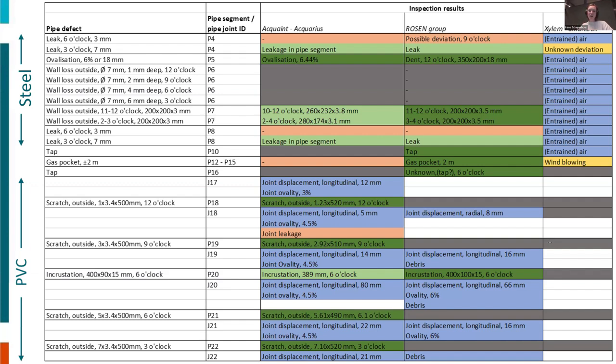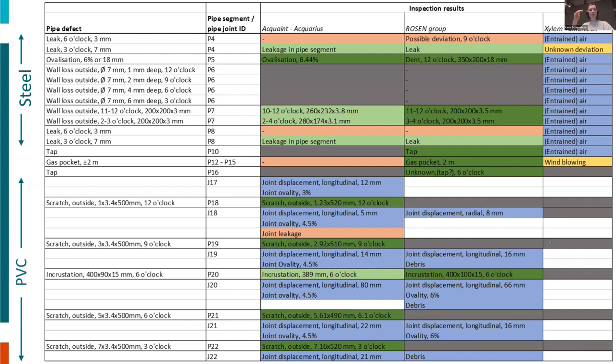so for example, Xylem detected a lot of entrained air in the downward slope in the steel pipes. We did not intend the air pocket to be present there, or small air bubbles to be present there, but it is quite likely that these air bubbles were there because during insertion we had to depressurize the system, and it would empty because of the leaks.